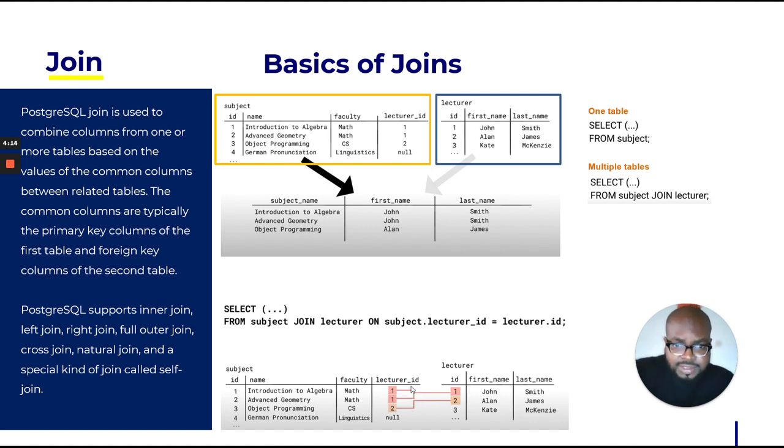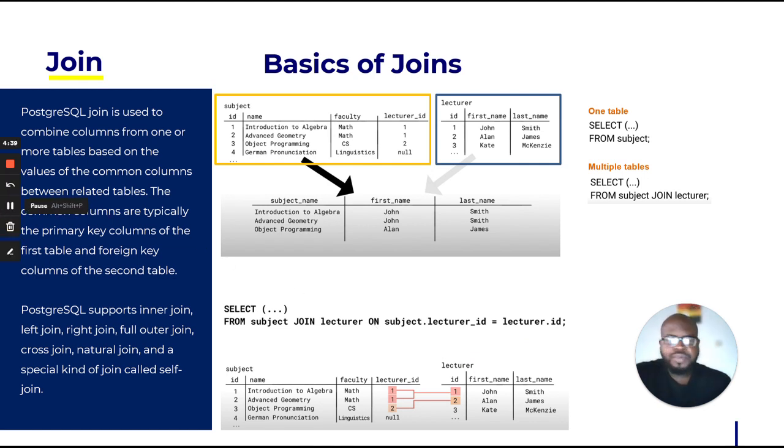In this case, it's lecturer ID on the subject table and ID on the lecturer's table. And the syntax is the table name dot the column. So that's why it's subject dot lecturer ID, that's the subject table, lecturer ID column, equals lecturer, that's the table, dot ID, that's the column name.